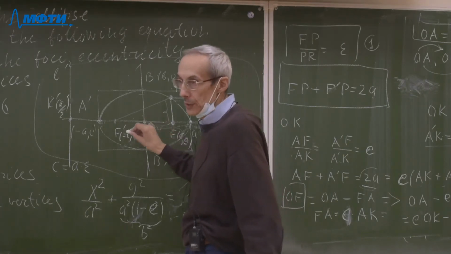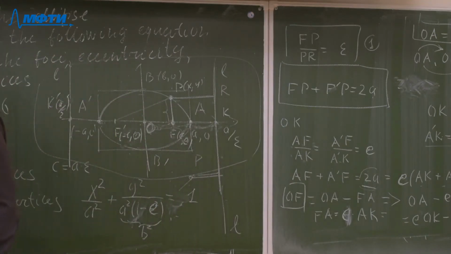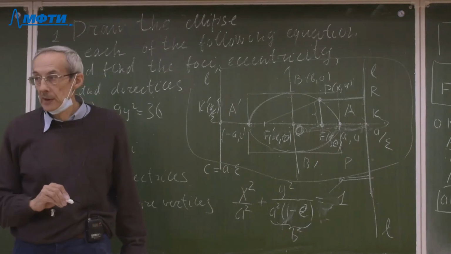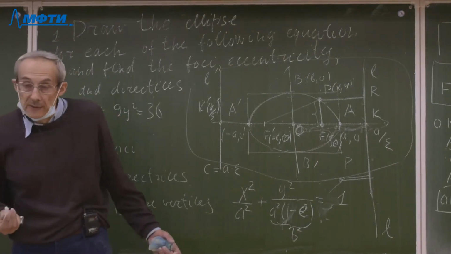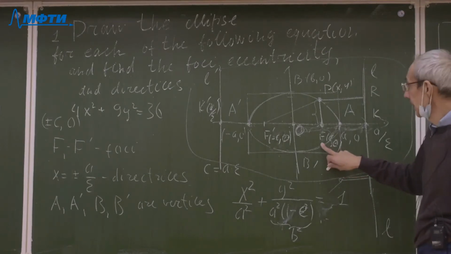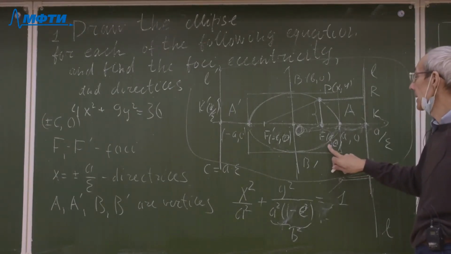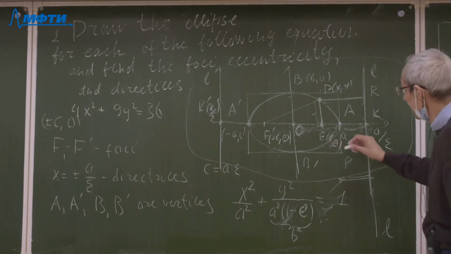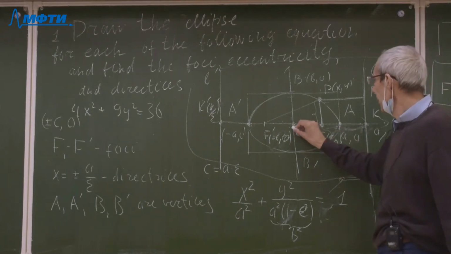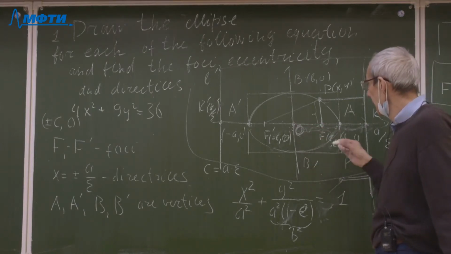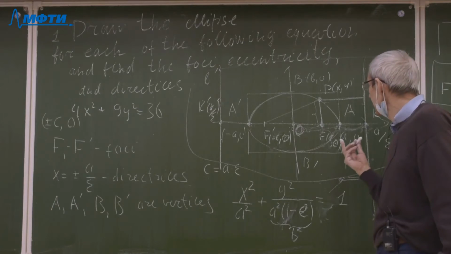Point O is the origin of the introduced coordinate system. Do you understand? In this coordinate system, F has the coordinates C, 0, because the distance between F and O, the length of segment OF, is exactly equal to C.